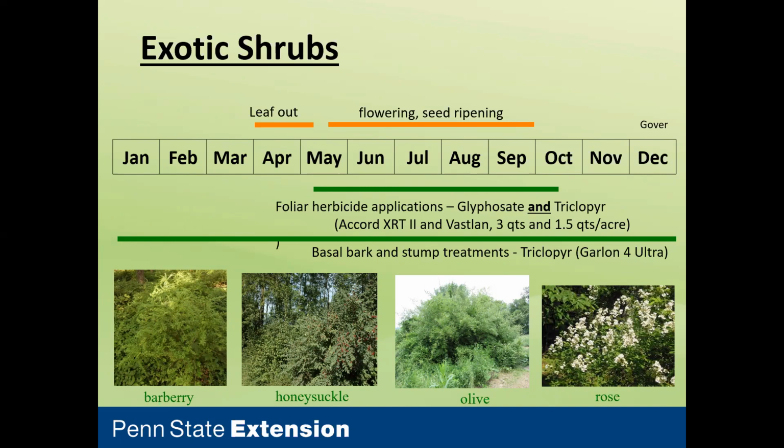It does not carry the danger warning, so it does not have the eye or skin irritation like the old Garlon 3A has. And you're going to apply them at 3 quarts to 1.5 quarts per acre. So that 2-to-1 ratio, 3 quarts of glyphosate, 1.5 quarts triclopyr per acre.